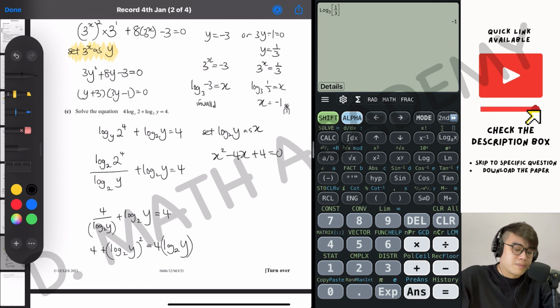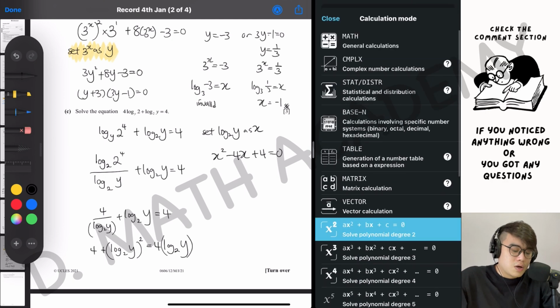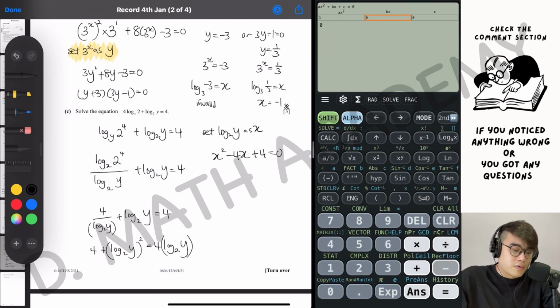Time to do the same thing again, factorization. 1, -4, and 4. So you get your results as x minus 2 squared, so it's just x equals to 2. Since you got your x equals to 2, let's replace it back.